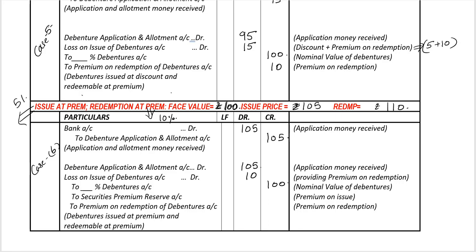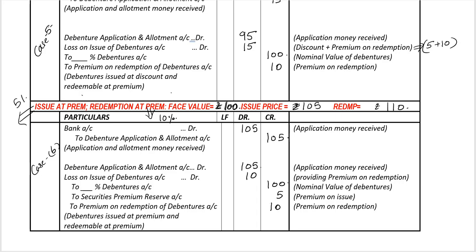To securities premium reserve account, we will write the premium on issue of debentures, not the redemption, premium on the issue, and that premium amount is 5 rupees. And against premium on redemption of debentures, the amount of premium on redemption, which in this case is 10 rupees.